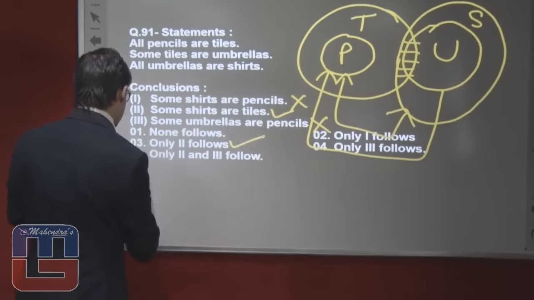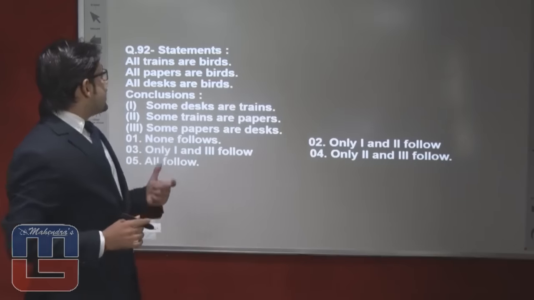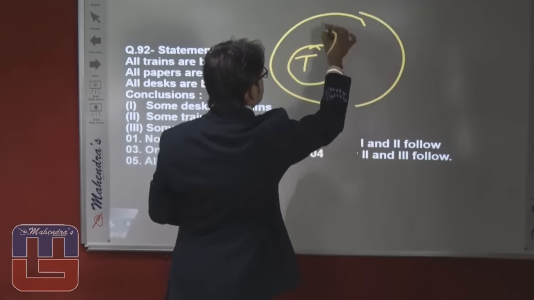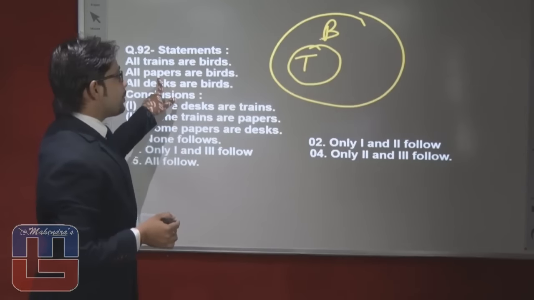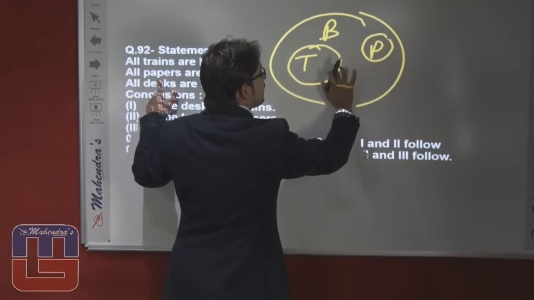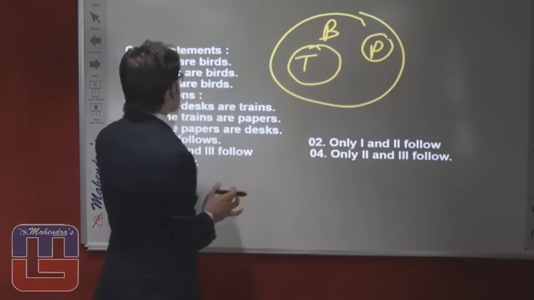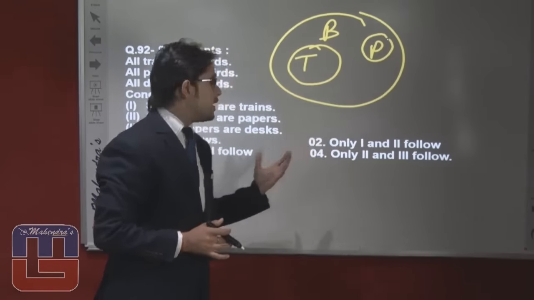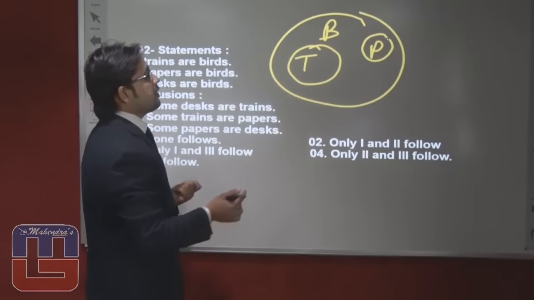Let's proceed towards the next question. A statement: all trains are birds. All papers are birds. But there is no relation between papers and trains. We cannot conclude anything about paper and train. Third statement is all desks are birds.